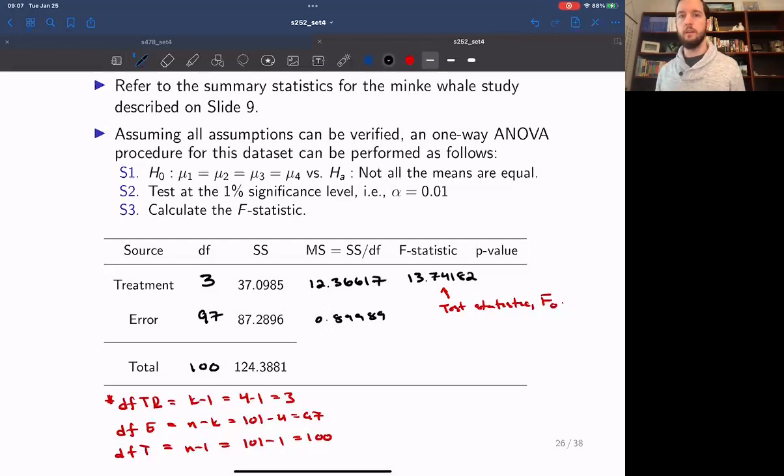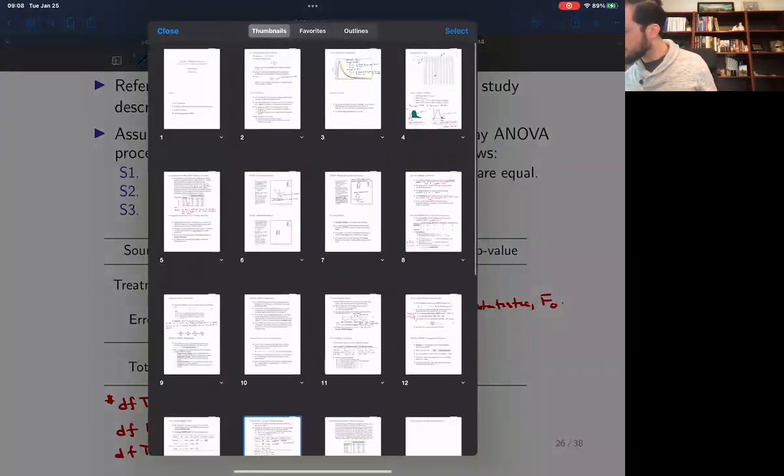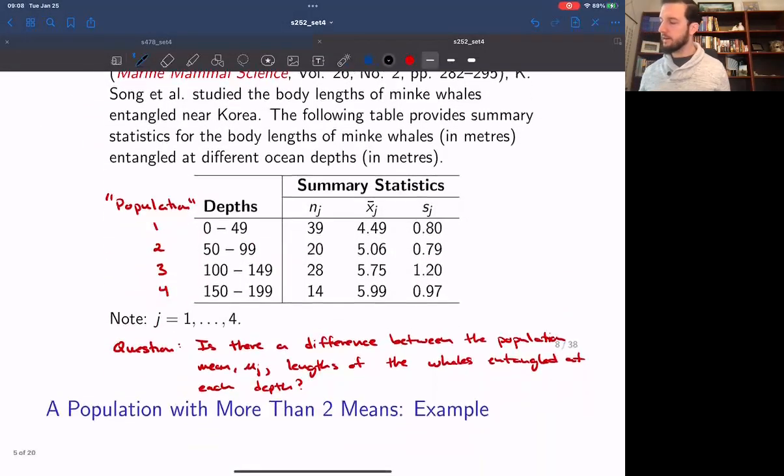Little k is the number of population means. Does that make sense? So if you go back to slide 9, we have 4 different depths.